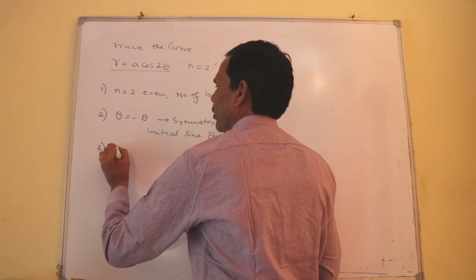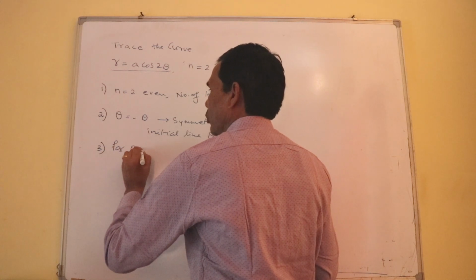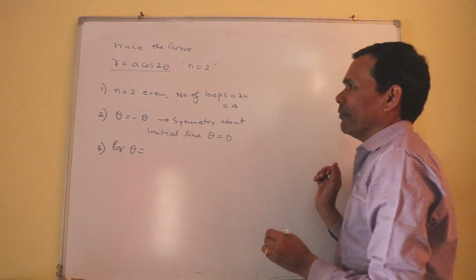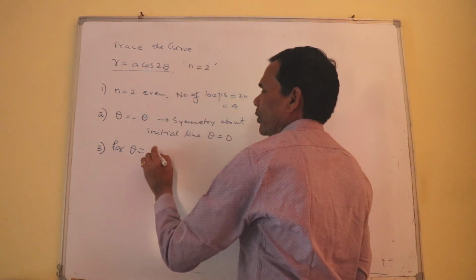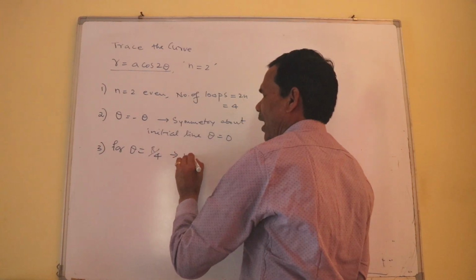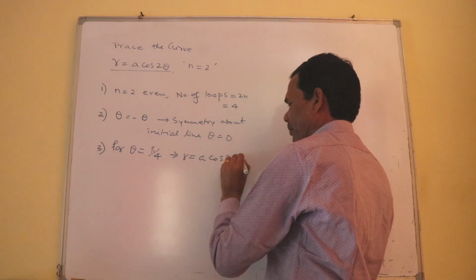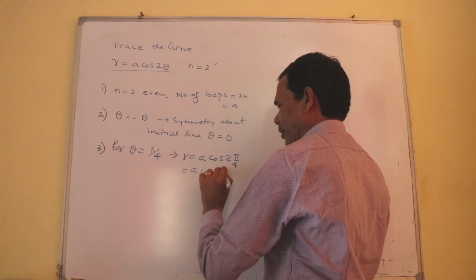Third one, now pole. If you put theta is equal to pi by 4, what happens? If theta is equal to pi by 4, then r is equal to a cos of 2 times pi by 4, which is a cos of pi by 2.